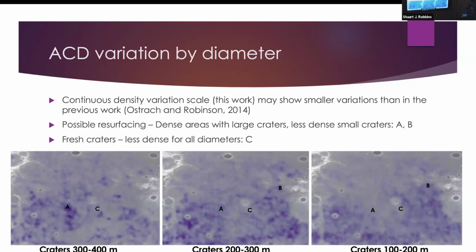And then we also see the influence of fresh craters and their influence on different crater diameters. Stuart talked about this in his talk just previously, and that's shown at area C. There's a bright fresh crater south of Mons Rümker that clears out craters all the way from 300 meters down to 100 meters.